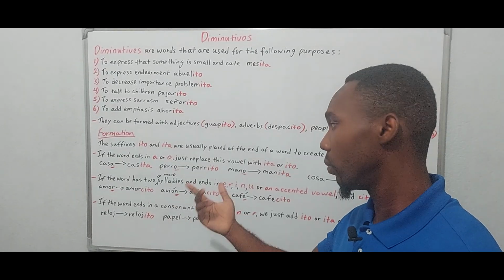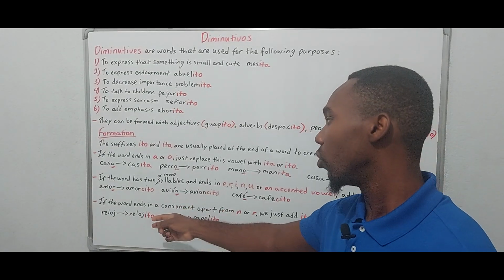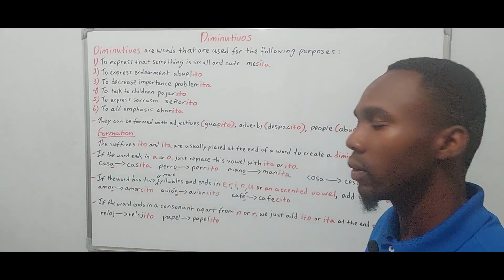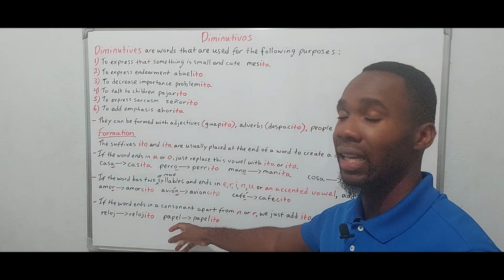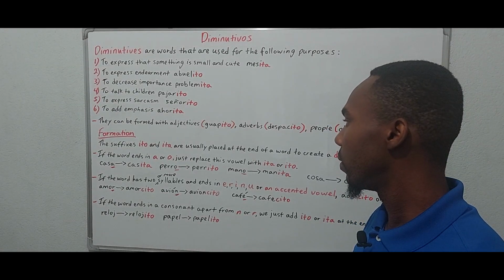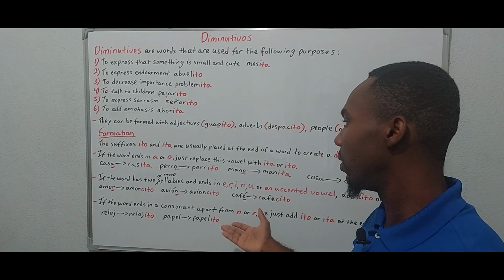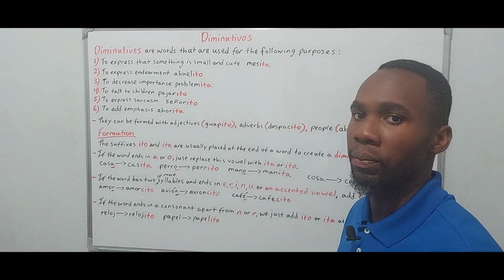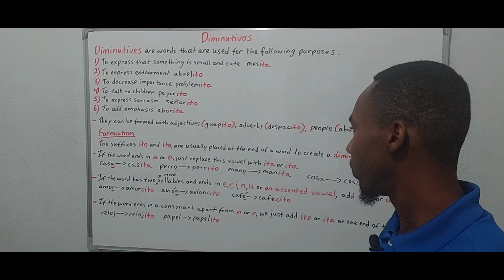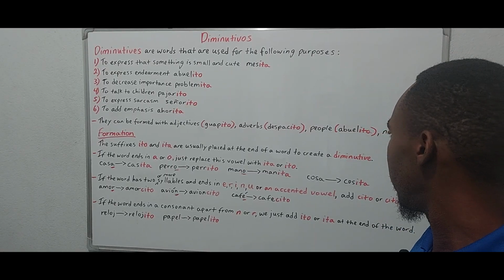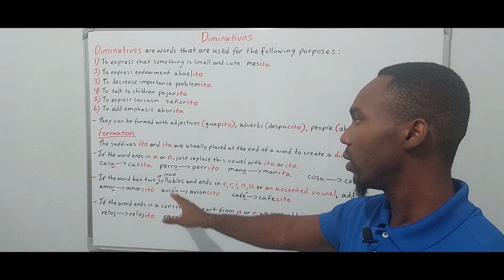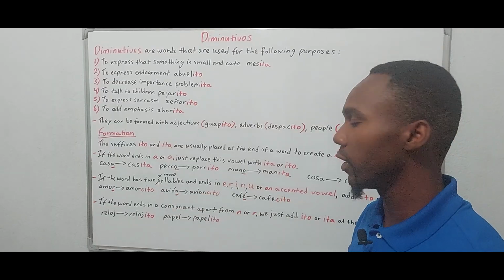It ends in J, so we just add ito: relojito, the little watch. And papel, that ends in L, and it will take the form of papelito, so little paper. Papel, papelito. And as you see, these have two or more syllables.